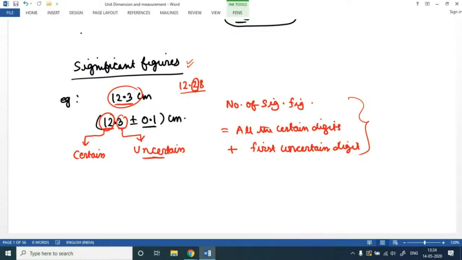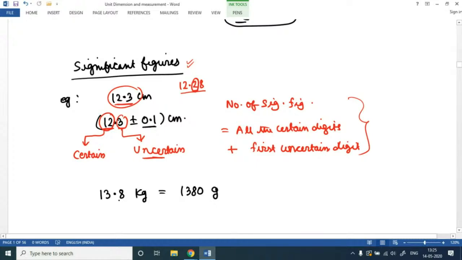For example, if you have measured some length or some mass, and you have got it to be, let's say, 13.8 kg, and you just wanted to represent it in grams, that would be nothing but 1380 grams. So you have done nothing.